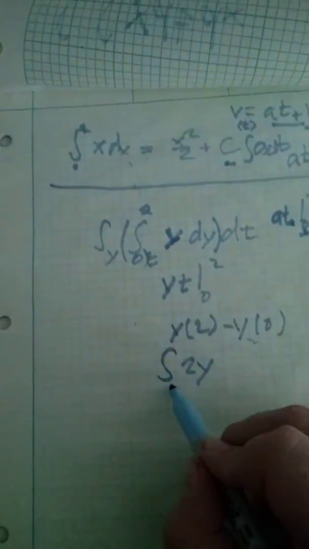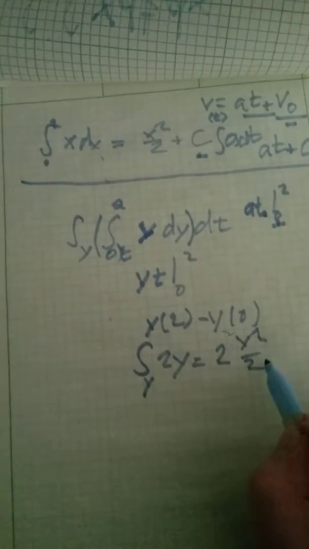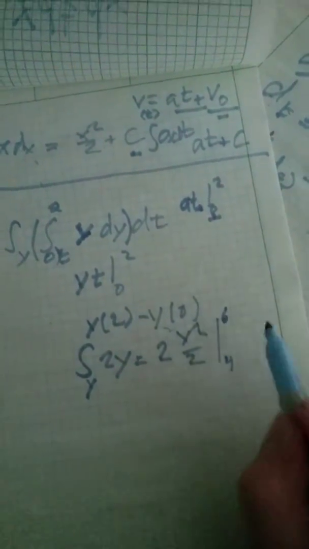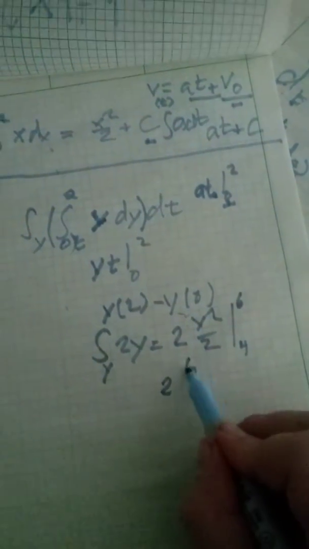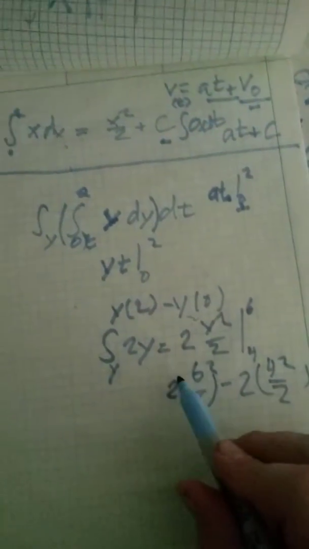Then we also have to integrate with y, which is 2 times y squared over 2, and we're evaluating from, let's say, y goes from 4 to 6. So you have 2 times 6 squared over 2 minus 2 times 4 squared over 2. I don't want to get into proving beyond what I said here, where if t is 0, that is the initial velocity.